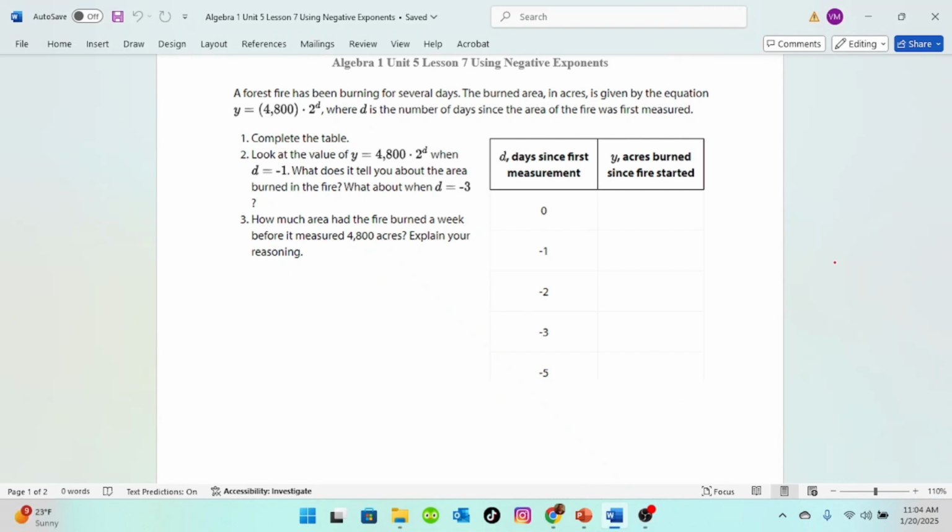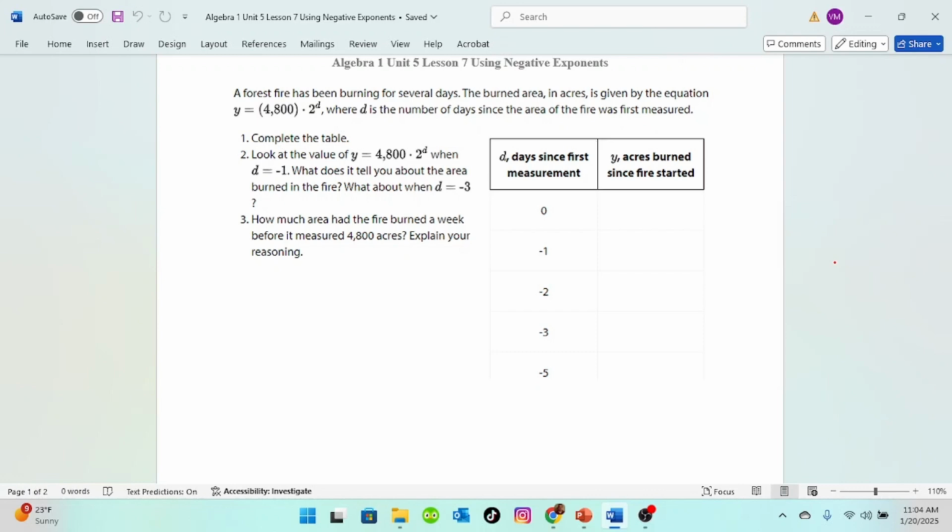A forest fire has been burning for several days. The burned area in acres is given by the equation y equals 4,800 times 2 to the power of d, where d is the number of days since the area of the fire was first measured.